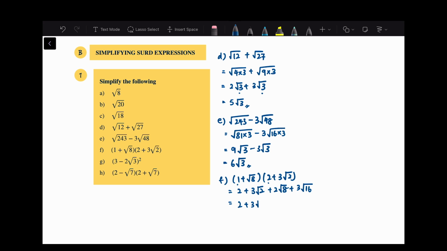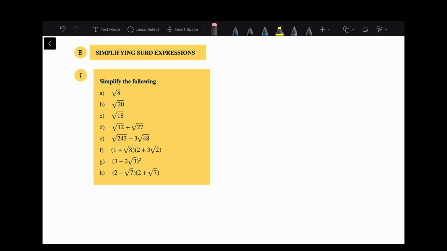You realize that these terms don't really have the same surds, but not to worry, we can simplify them down further, such as this. The constant terms can be added together, and the two surds over here, which are the same, we can add the coefficients together.